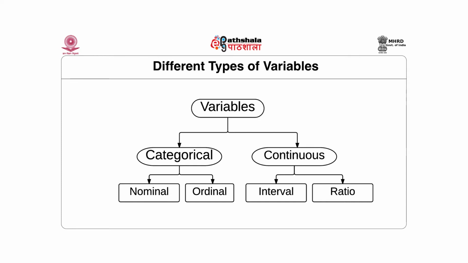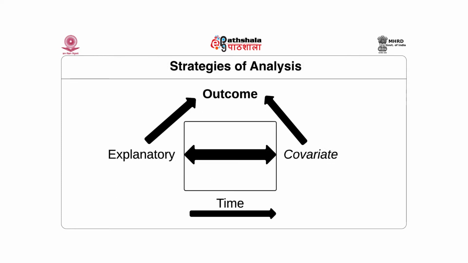Then we move on to the next bit about setting up some sort of strategy for your data analysis. When we talk in terms of bivariate data analysis, we need to have some conceptualizations, either intuitively or mostly intuitively at this stage, that there are some variables that are treated as an outcome variable.